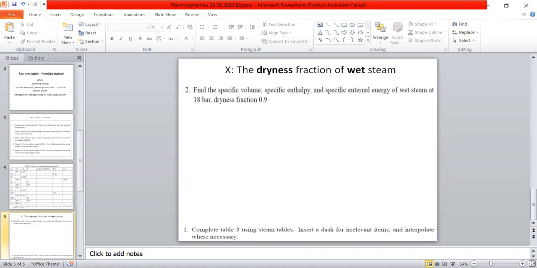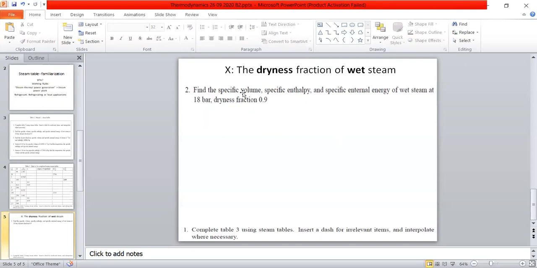So fraction means this is not fully dry. Partially dry means there is some wetness. That's why we call this wet steam, because this is not fully dry. See the wet steam term here in question number 2.